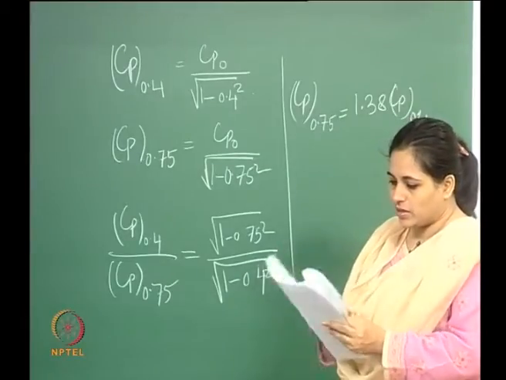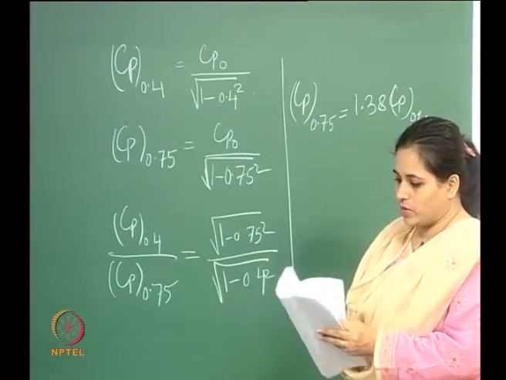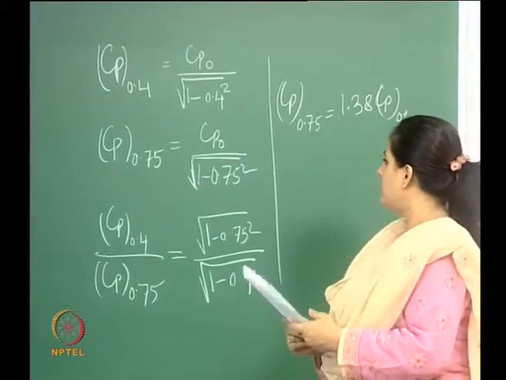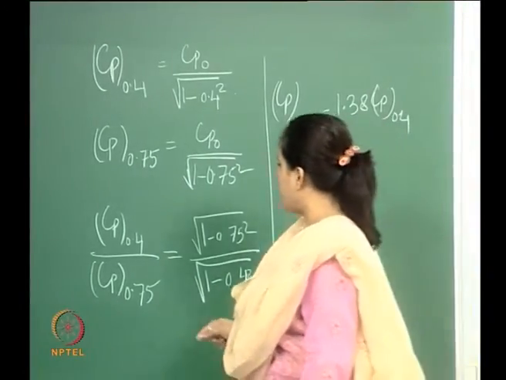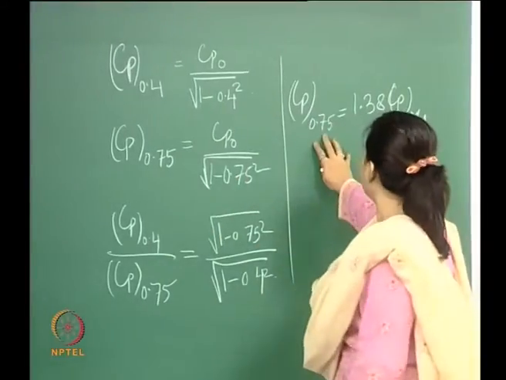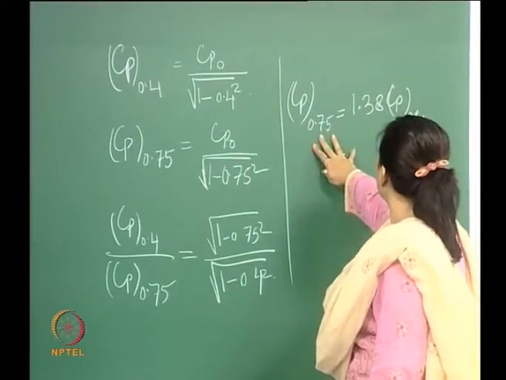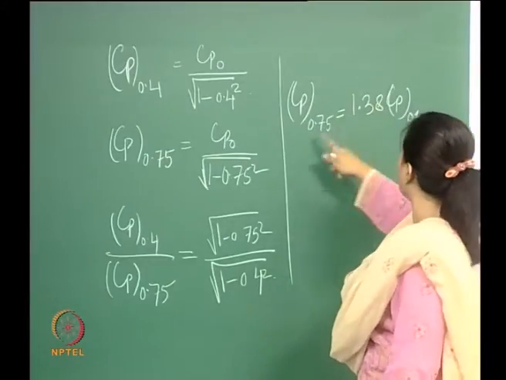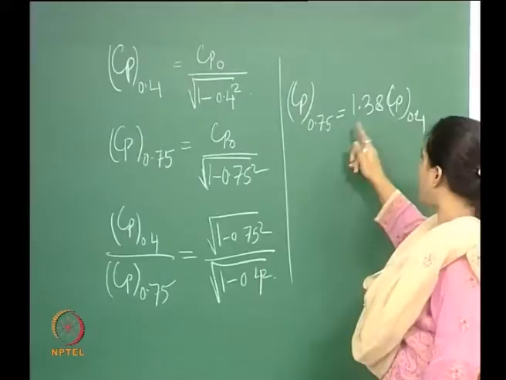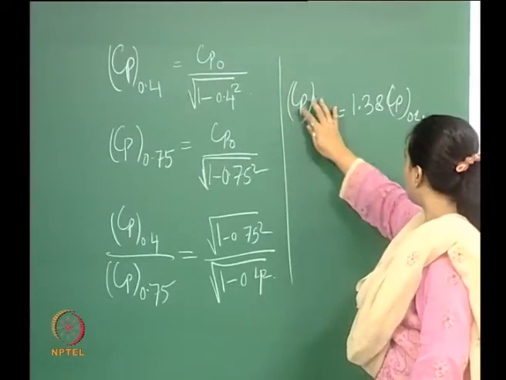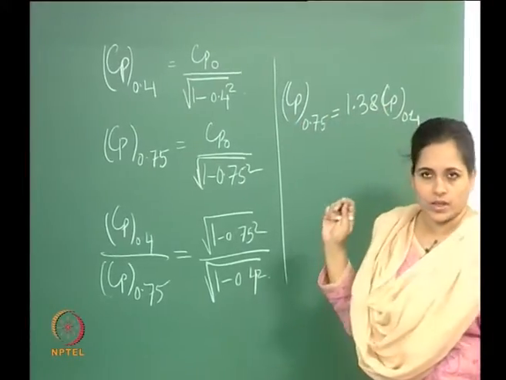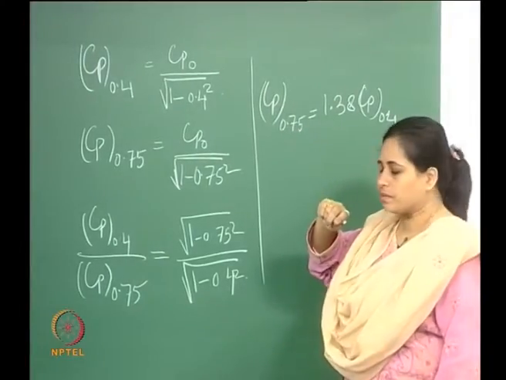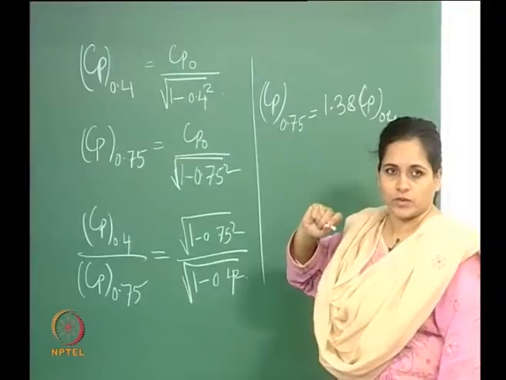Okay. So, let us look at a relevant problem and see what we can do. What I did here is that we basically have two Mach numbers, 0.75 and 0.4, and you can connect the two. Each of these coefficients of pressure individually can be expressed in terms of the incompressible pressure coefficient.